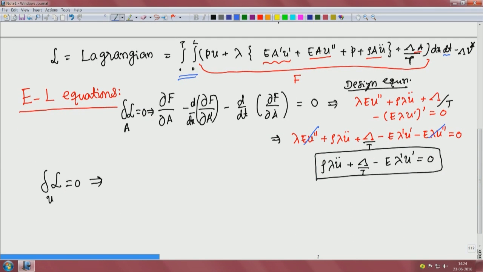Now, for u, we have u, u prime, u double prime and u double dot, right.